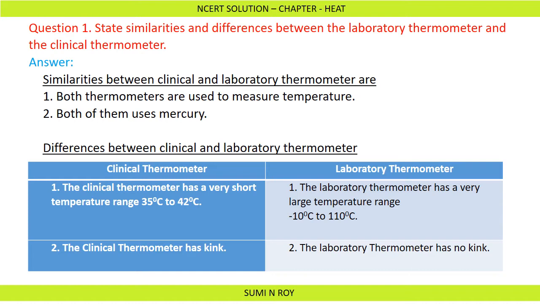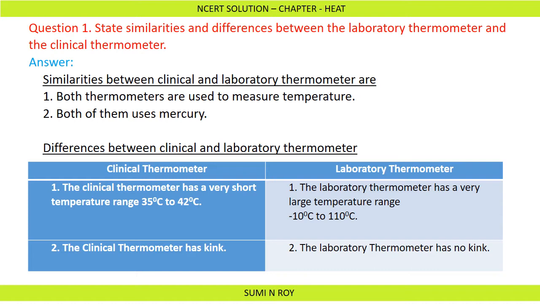Okay, now let us do the differences between clinical and laboratory thermometer. Clinical thermometer has a very short temperature range. As we know, the clinical thermometer, which is also known as doctor's thermometer, is designed to measure the body temperature of humans, and human body temperature will never fall below 35 degrees Celsius or rise above 42 degrees Celsius.